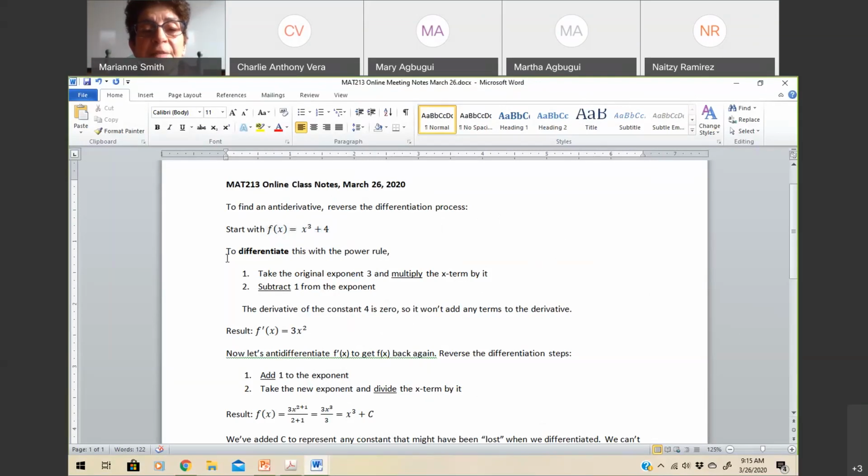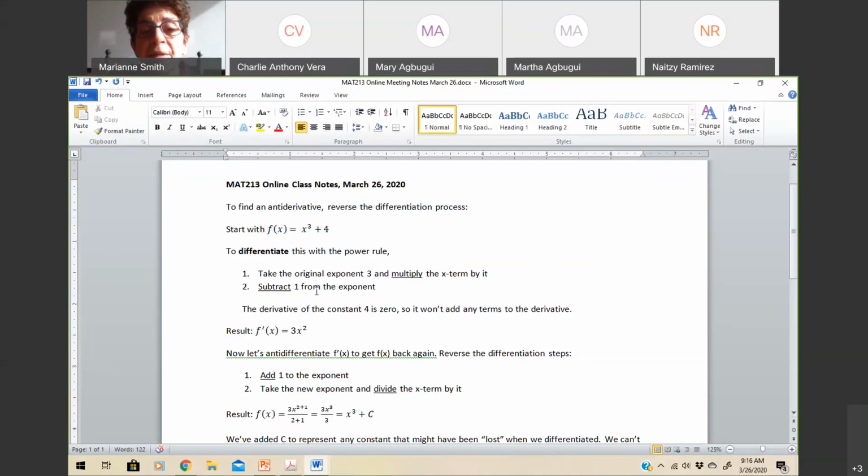If I want to differentiate it, what am I going to do? I'm going to take this original exponent 3 and multiply the x term by it. Then I'm going to subtract 1 from the exponent. Everybody remember that? I have x cubed, I bring the 3 down in front and subtract 1 from the 3 to make it 2.